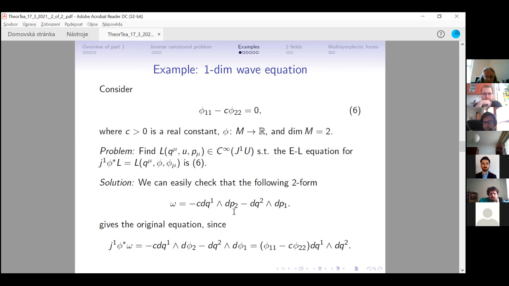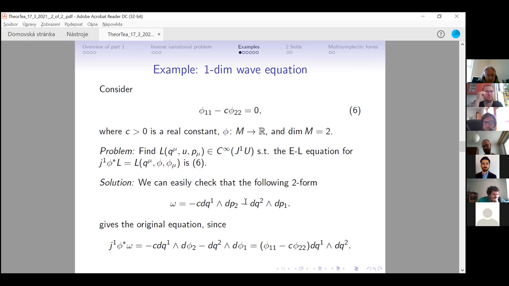The pullback of p2 is the derivative of phi in the second direction, phi 2. The exterior derivative of phi 2 is phi 21 dq1 plus phi 22 dq2. But I'm wedging with dq1, so the first term doesn't contribute, and I get minus C dq1 wedge phi 22 dq2.